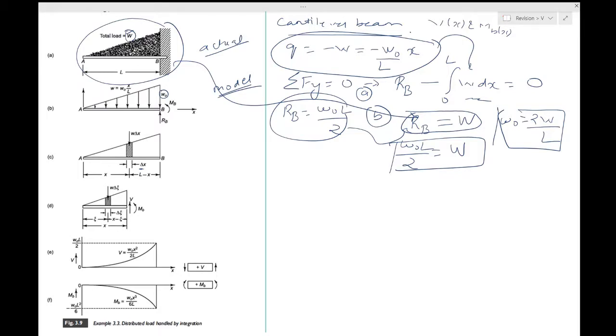You can make that cut over here, from 0 to a value x. Now the shear force and the bending moment over there is what you want to find.